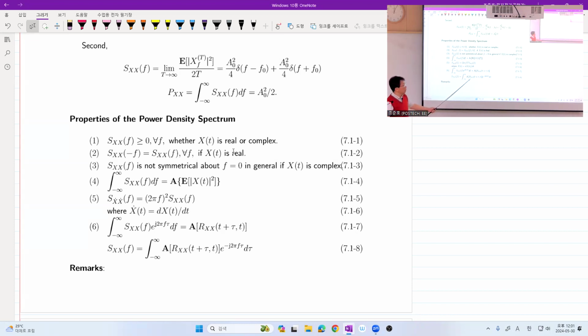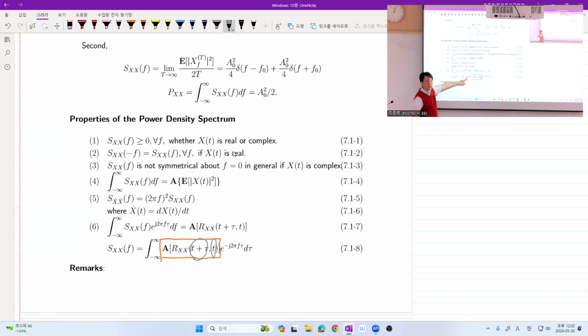And the last one is actually the Wiener-Khinchin theorem. See that? The power spectral density of X is what? This is the Fourier transform of what? The time averaged autocorrelation function of X evaluated at t plus tau and t. So you have a two parameter function. Now let me ask you a question.